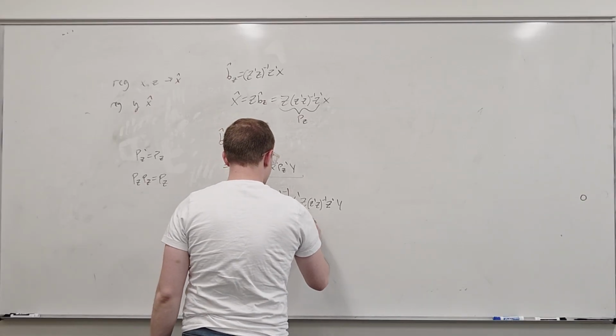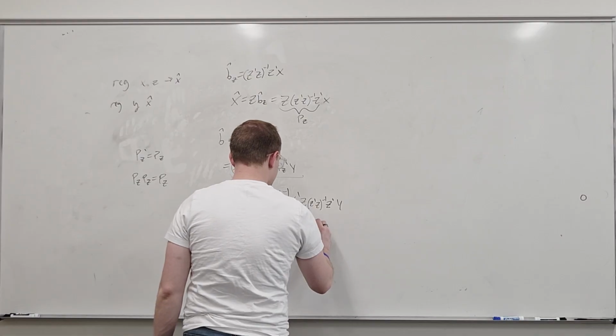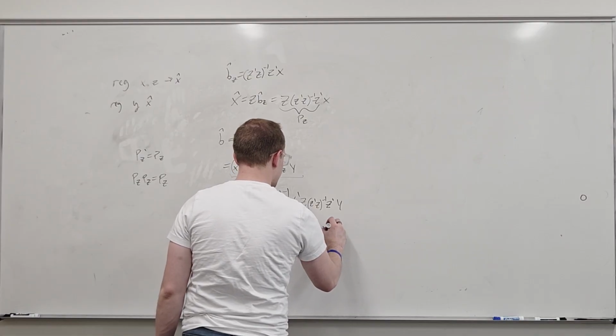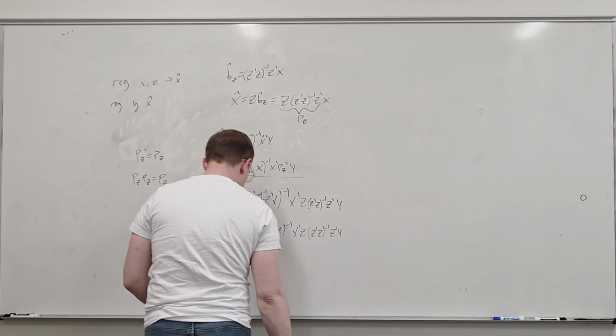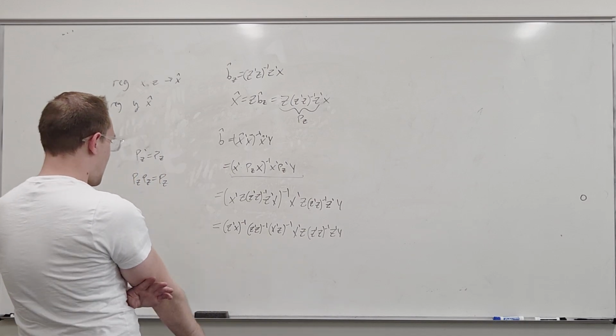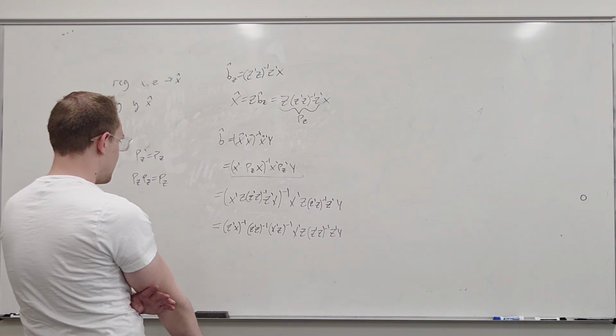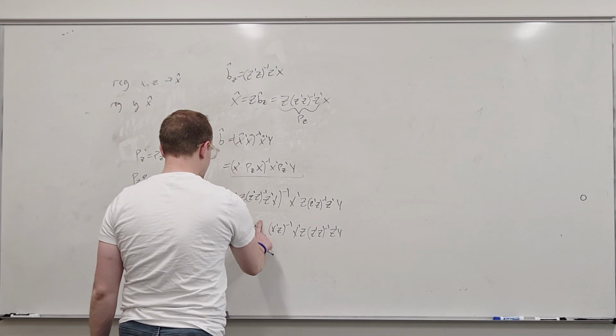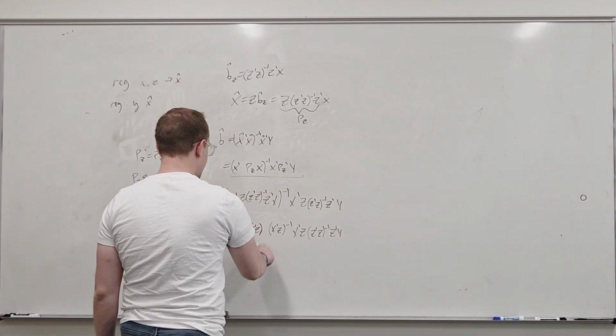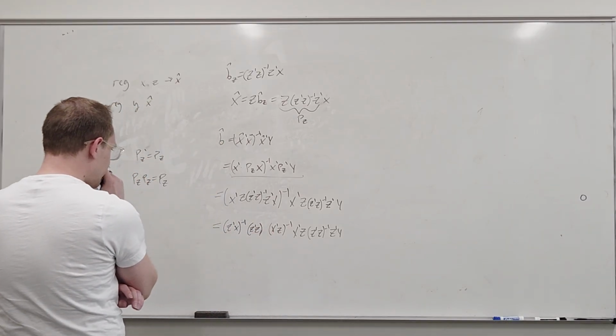Times X transpose Z, Z transpose Z inverse Z transpose Y. Holy cow. No, I didn't inverse my inverse. Dang it. Yeah, that's going to be inversed right there.